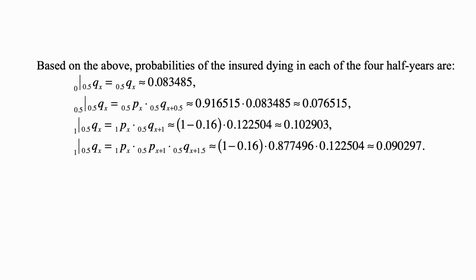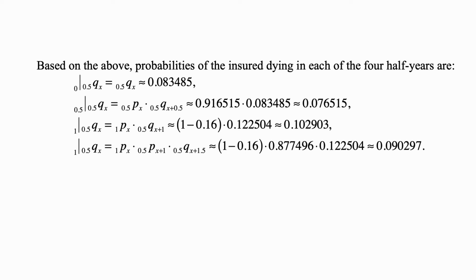That's approximately 0.036515. And we get the 0.5 px, of course, as 1 minus 0.5 qx. And then deferred by 1 year, 0.5 qx is 1 px times 0.5 qx plus 1, which is 1 minus 0.16 times 0.122504, so it's approximately 0.102903.